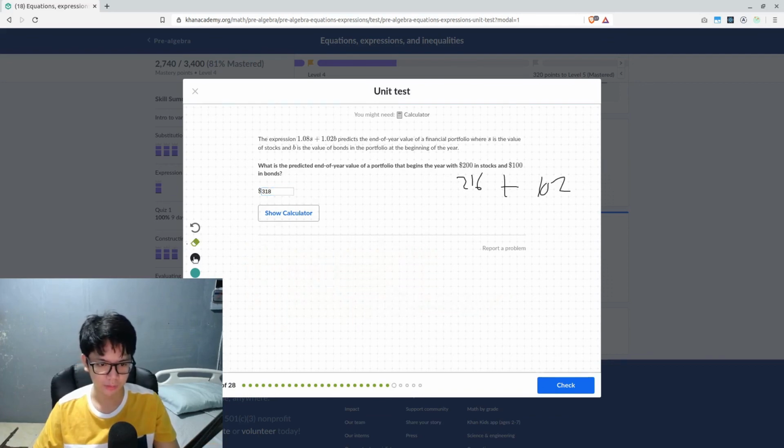Let's do the traditional way. 1.08 times 200. 0, 0. We have 2 times that thing. It's gonna be 16. 2 and 2, and then we get 216. That's correct. Okay, that's correct. Which also makes sense.